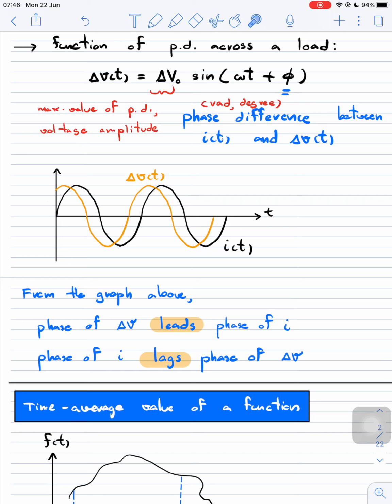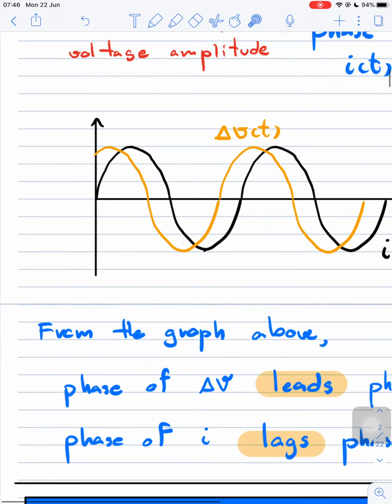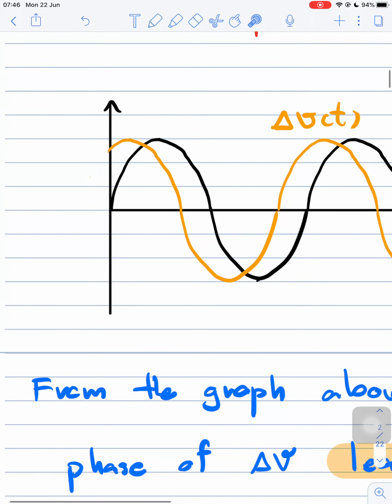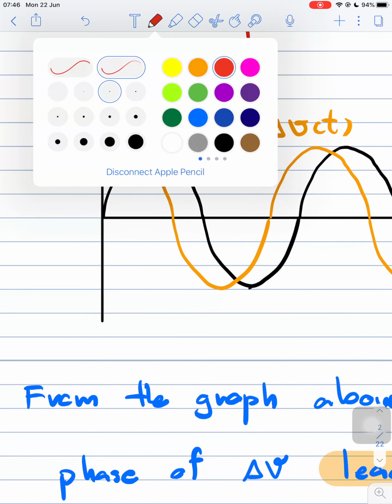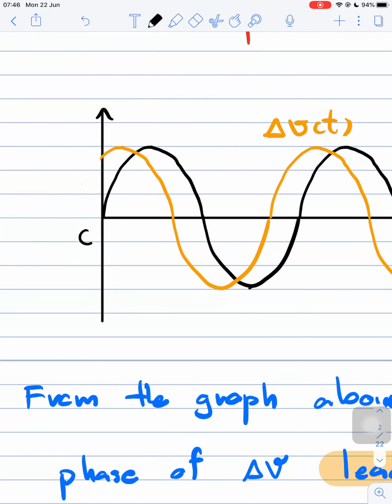So why do we say leading? Let's look at this part. With the time equal to 0, the delta V graph has this value already.